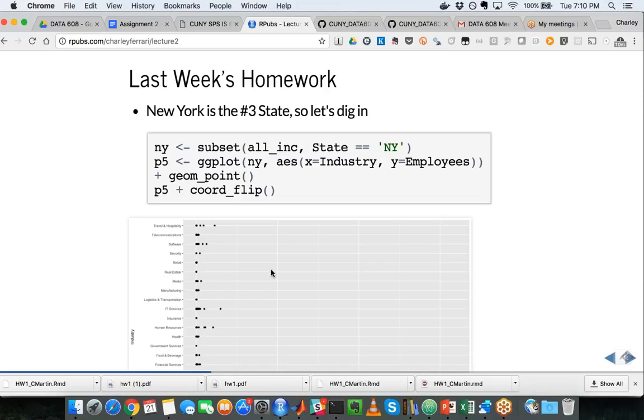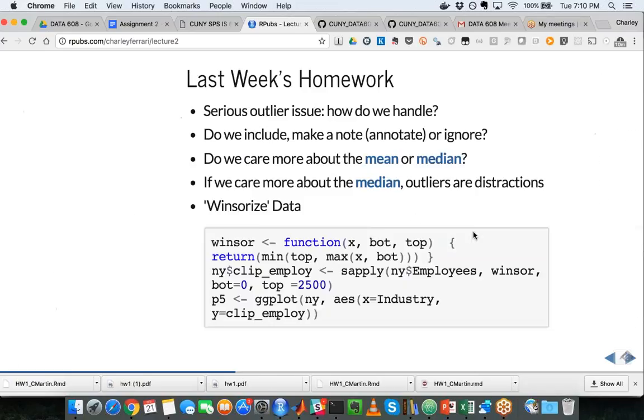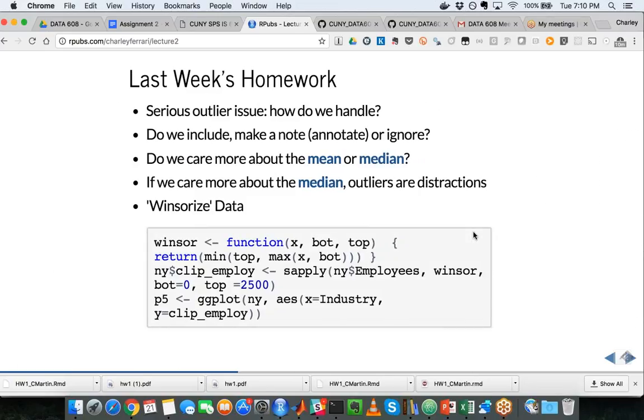A viewer would want to see these distributions, and they would be interested to know that there's a company with a large number of employees sitting out here, but they wouldn't want to lose the information about what's happening in this zone. So there's a few ways of dealing with something like this.